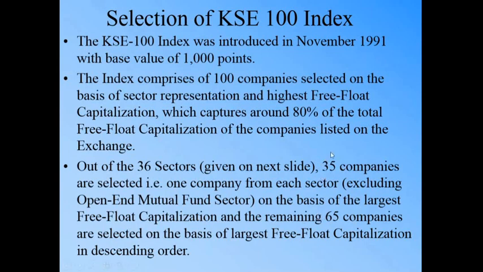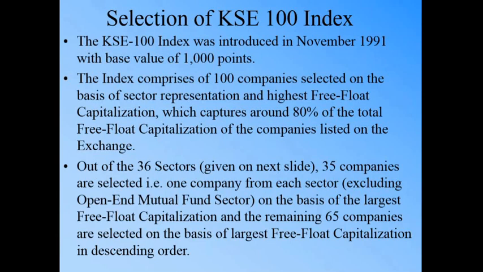So 35 are the highest company in a particular sector, and the other 65 are selected irrespective of sector consideration, based on the descending order of their free float capitalization. This is how the 100 companies are being selected. So the KC 100 index represents all the sectors excluding the open-ended mutual fund sector. It has at least one company from each sector, and then the other 65 companies are selected irrespective of the sector consideration.